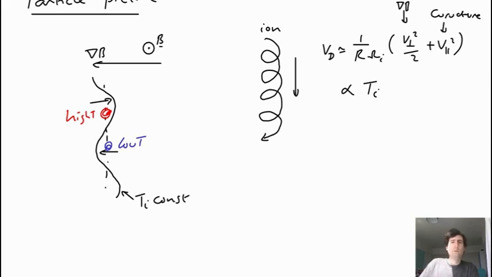And now what's happening here is that the ions, if they're hot, have a faster drift, and if they're cold, they have a smaller drift. And so at this point, the ions are drifting faster here than they are there, and again they'll be faster here. So at this point, drifting quickly again.